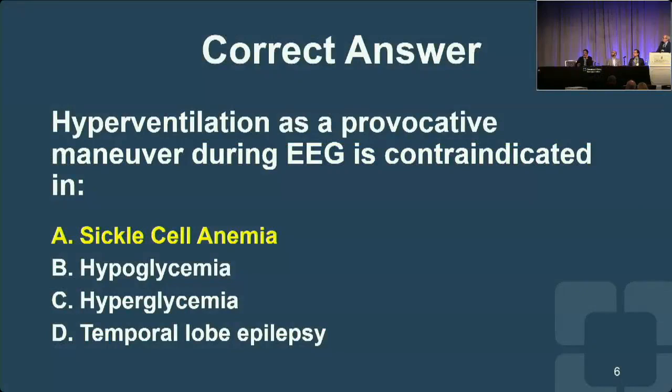Hyperventilation can cause vasoconstriction, and in patients with cerebrovascular disorders, they should not be performed. Hypoglycemia, particularly, can accentuate the normal slowing seen on hyperventilation. And although temporal lobe epilepsy is unlikely to be diagnosed with HV, it's not contraindicated.